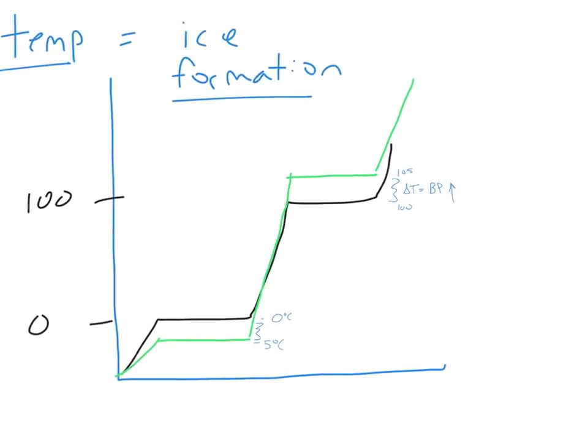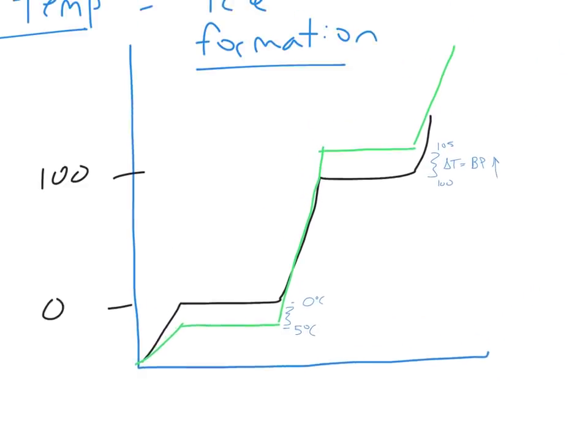I can think of the black line as the normal freezing point of water, which is 0 degrees Celsius, and then this is maybe -5 degrees Celsius, and this freezing point depresses below. So the green line represents the depressed freezing point or the elevated boiling point. And I zoom back out so you can see that.